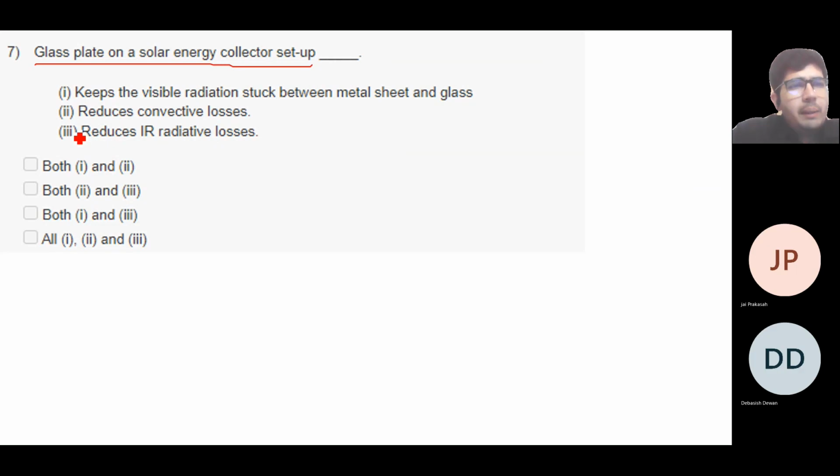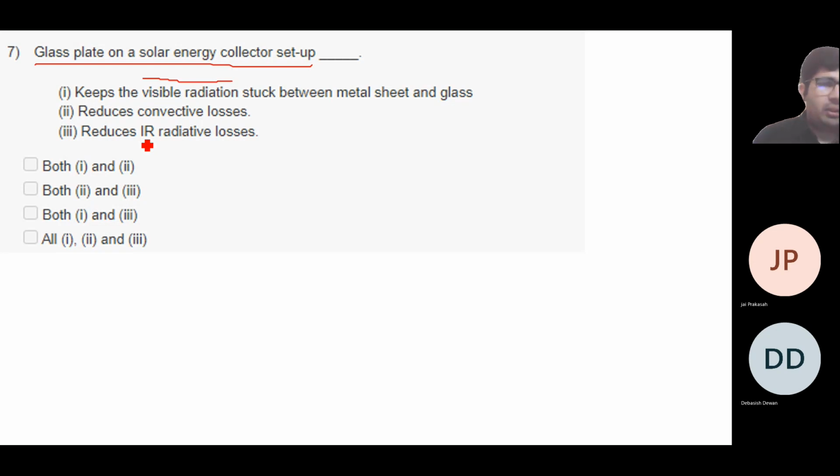So option 1 is keeps the visible radiation. Is it correct? When solar radiation strikes any surface and reflects back, it will not remain visible radiation because it will lose energy and come under the infrared spectrum.